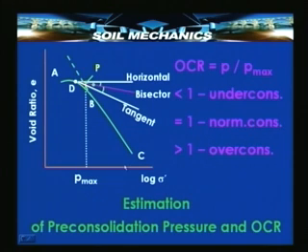Now, this soil being over consolidated, we can find out what is this value of Pmax compared to the pressure P that it is now experiencing. Suppose this pressure P now which is experiencing is less than Pmax, then the soil is under consolidated.